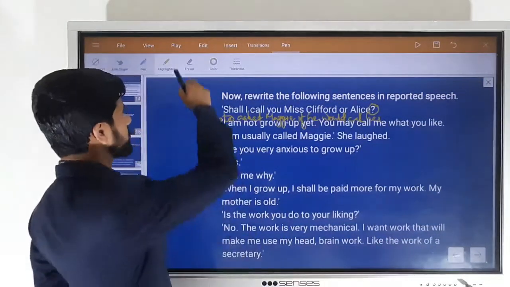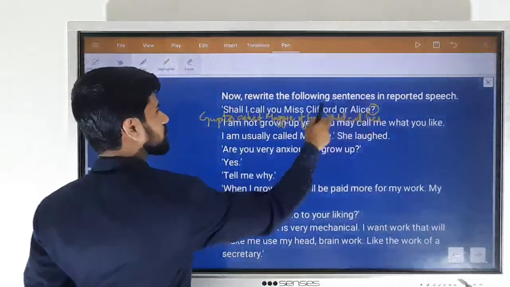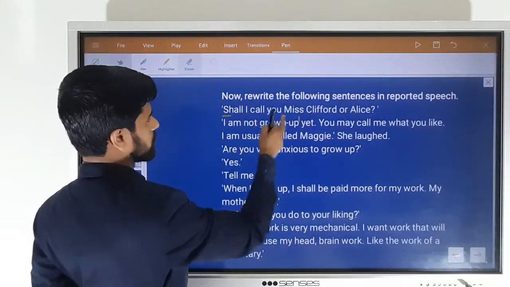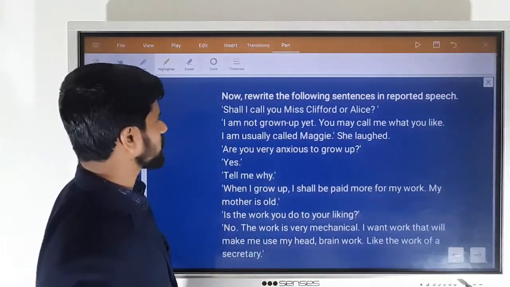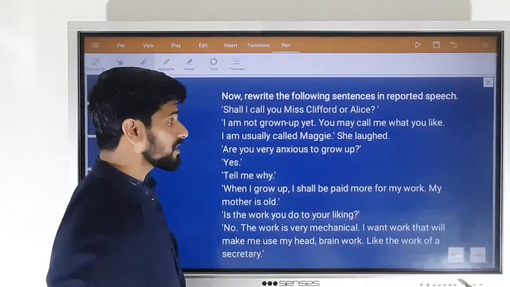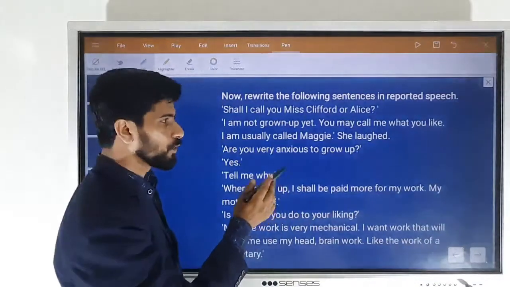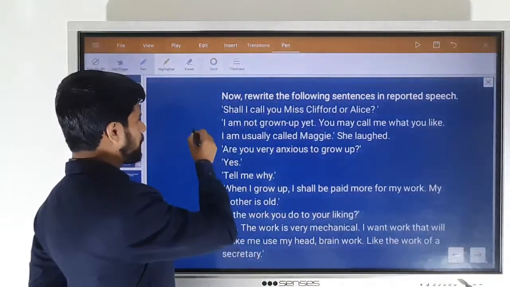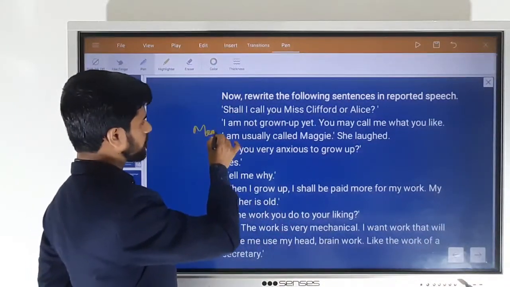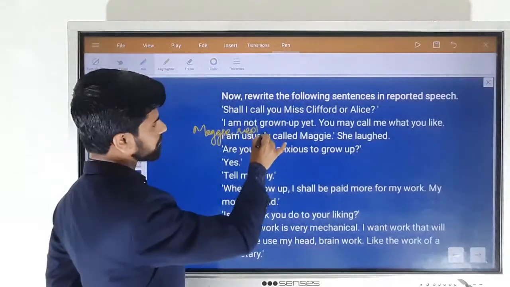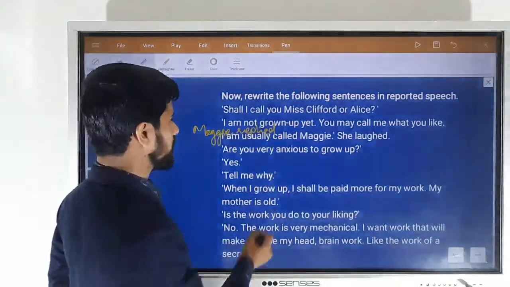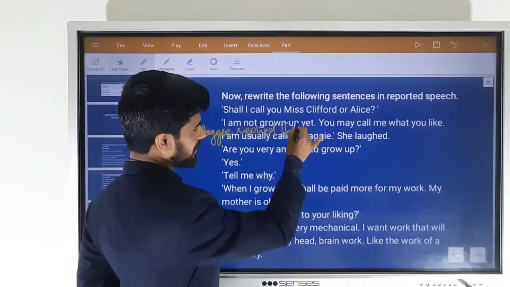Okay, then what is her response? I am not grown up yet. You may call me what you like. Then Maggie replied that, that is the conjunction here, right?